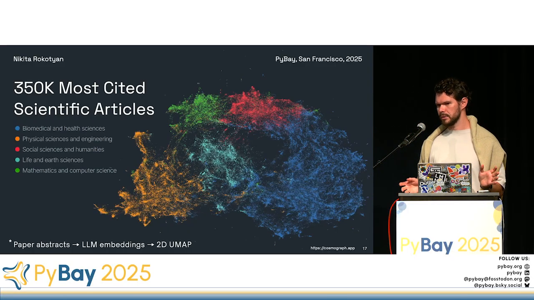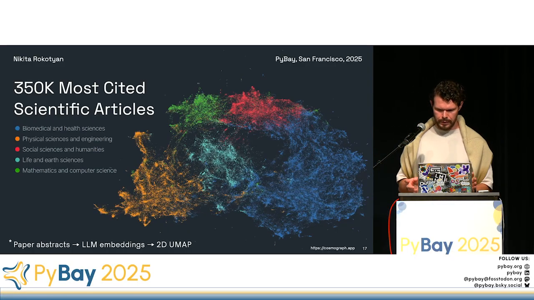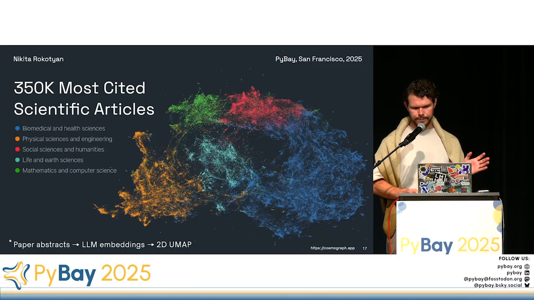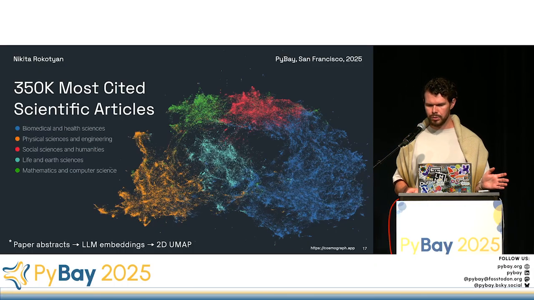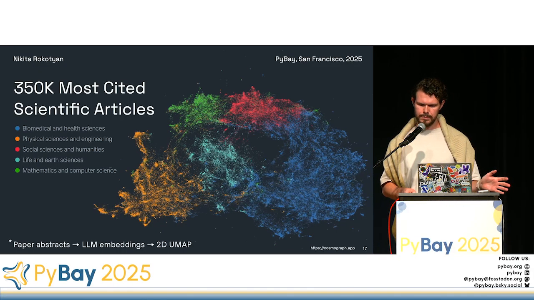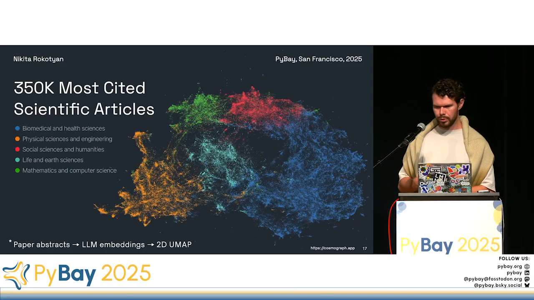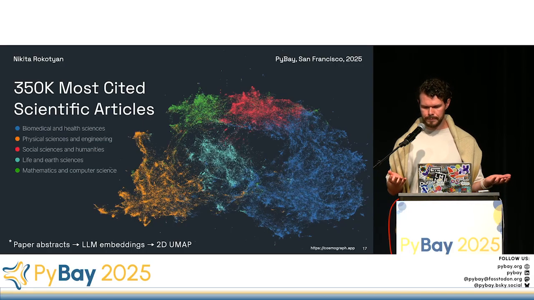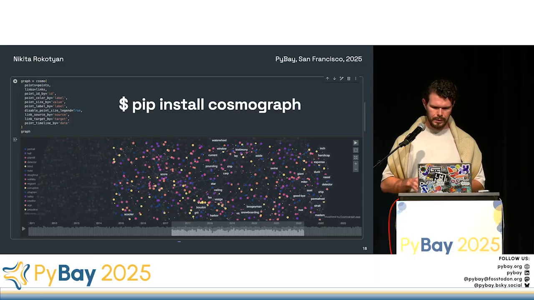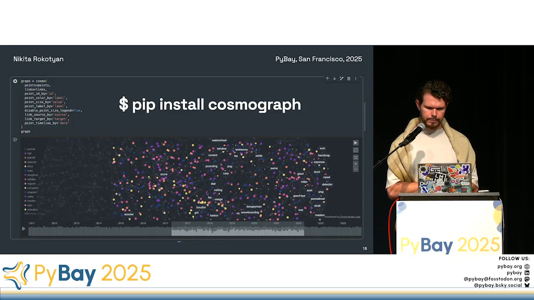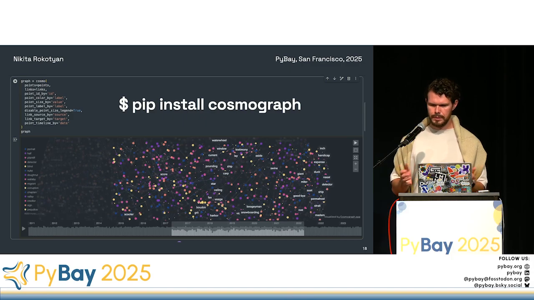So whenever you have these problems, either large-scale graph visualizations, where you need to quickly visualize a graph in Python or on the web, or embeddings, you can use Cosmograph, and it's very easy to use. You can just do pip install Cosmograph, get your data and get it visualized.